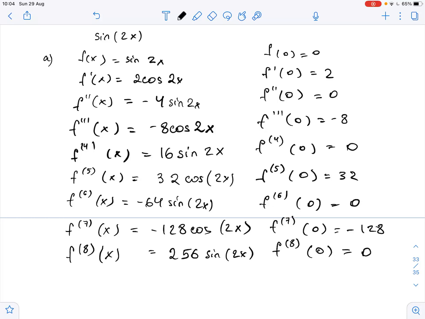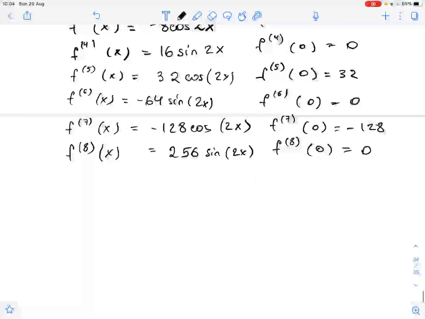Well, now let's use these values in order to expand our function using the Maclaurin series.